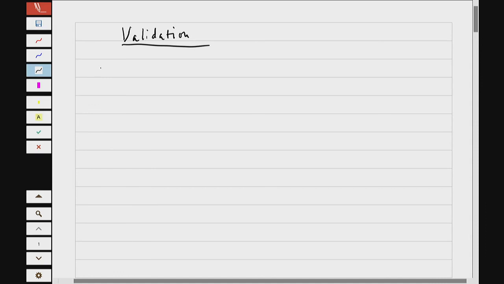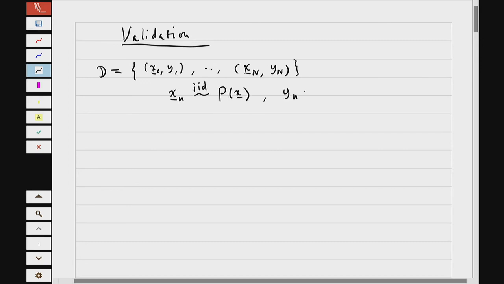So the general setup, again, we have the data set. Like this. And then x_n, of course, is jointly IID from a distribution P of x. And y_n is obtained from a target function.